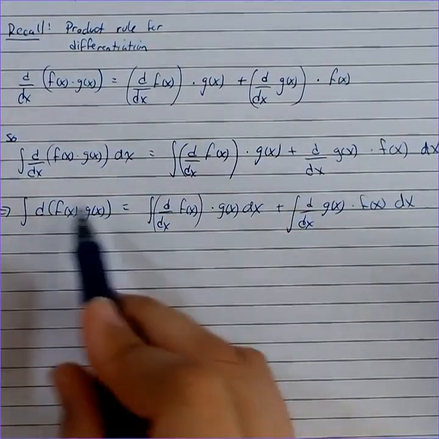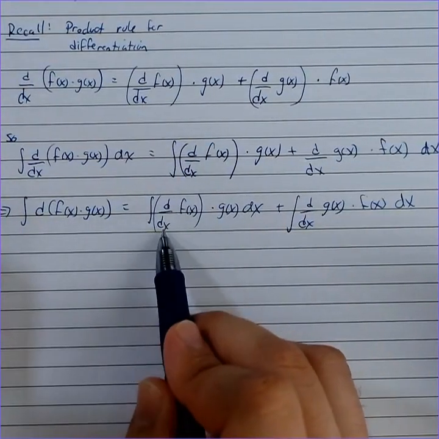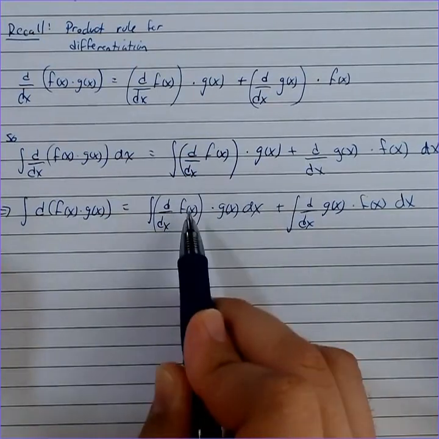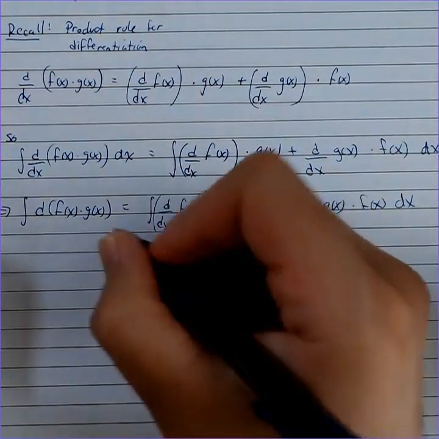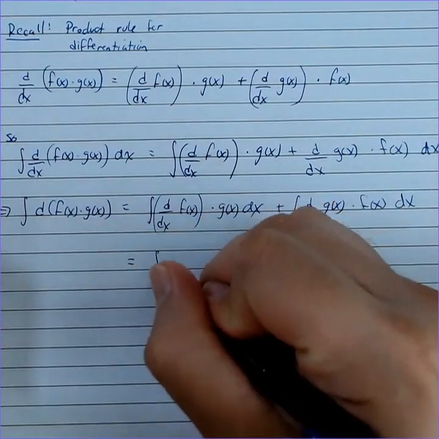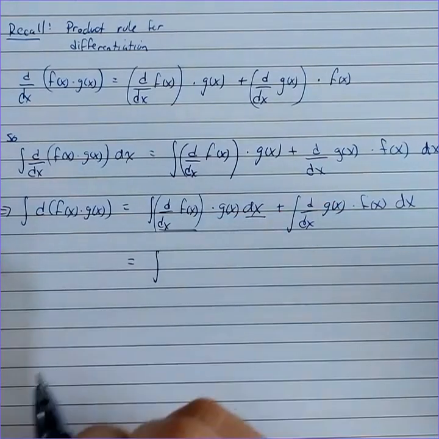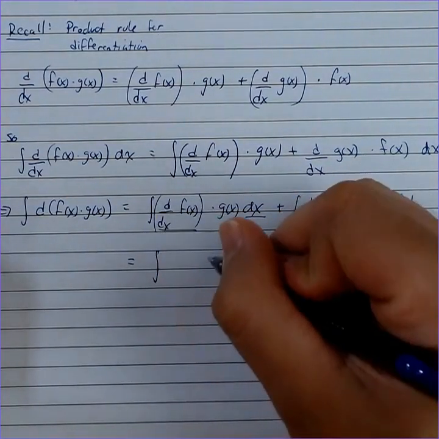But just like in this part, here I have the derivative of f with respect to x times the differential of x. Well, that's just the differential of f. So here I can write this as the integral of, this along with this just gives us df of x.